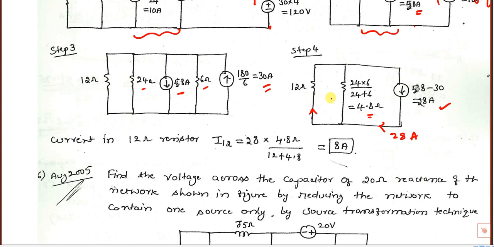By using the current division formula, main current into the resistance opposite to 12. The resistance opposite to 12 is 4.8, divided by the sum of these two, because current division is taking place between 12 and 4.8. Main current 28 amps, into 4.8 divided by 12 plus 4.8.